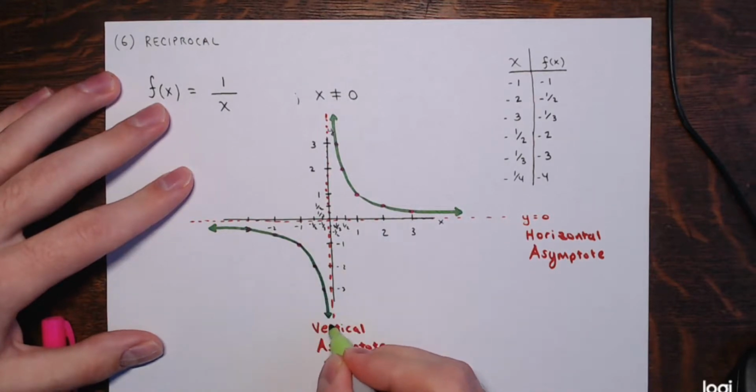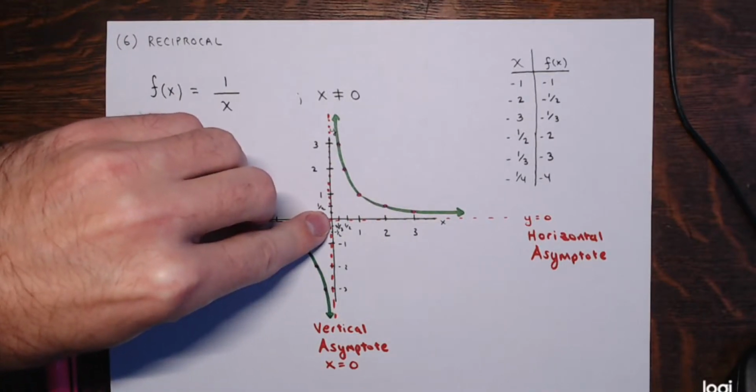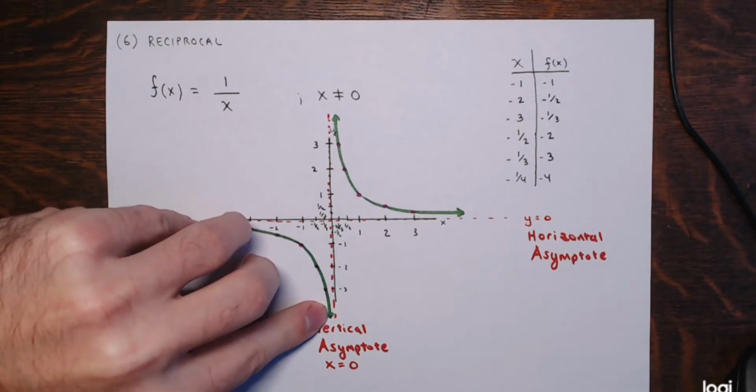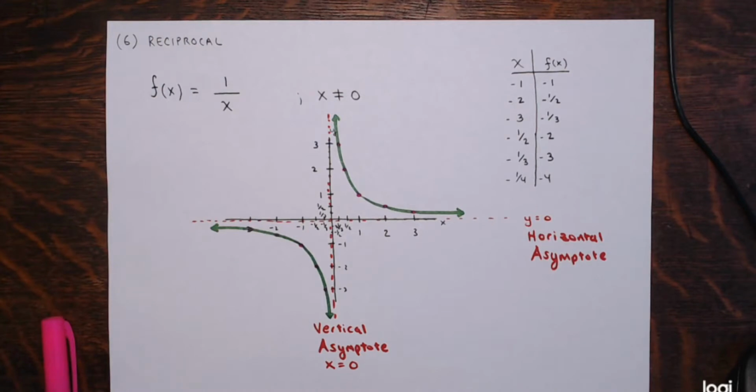The closer to 0 I get on the left side, the bigger the negative output. The graph will be going down forever, never actually touching the y-axis, but getting as close to the y-axis as you want. A vertical asymptote. And there's your graph of the most basic reciprocal function, the most basic rational function.